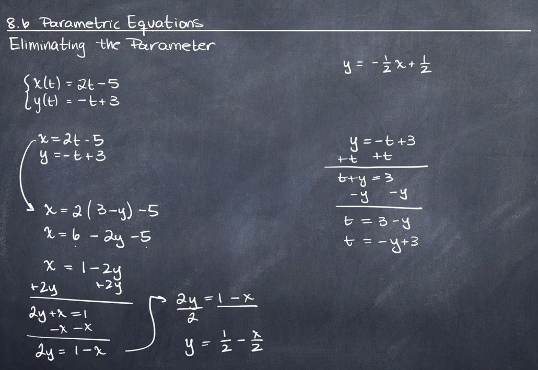Now it doesn't really look like it at the moment, but this is exactly the same equation as we have up here. First of all, we're used to having the x term first, so I'm going to rearrange this as y equals negative x over 2 plus 1/2. And then I'm going to split out the x from the over 2 part. I can think of this as 1 times x over 2.